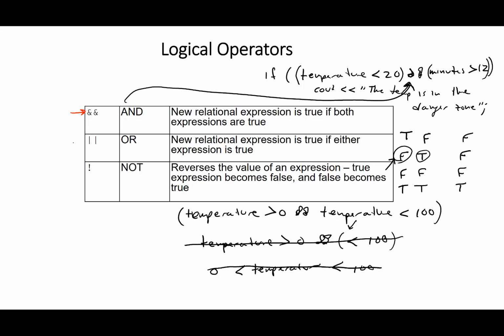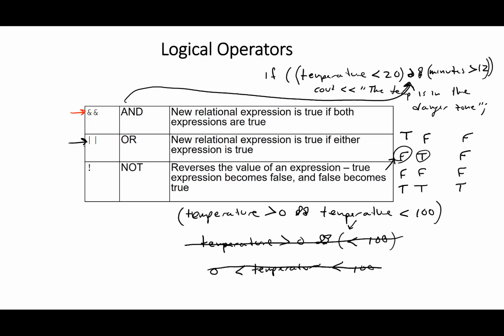Let's look at this OR. The one we were looking at was AND. Now let's look at OR. What the OR operator does is it also compares two relational expressions, and it's true if either of them are true. This makes sense because it's like this is true or this is true.